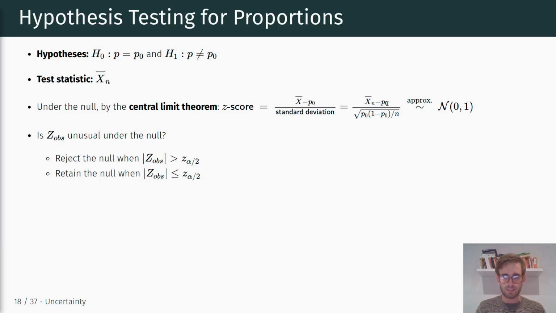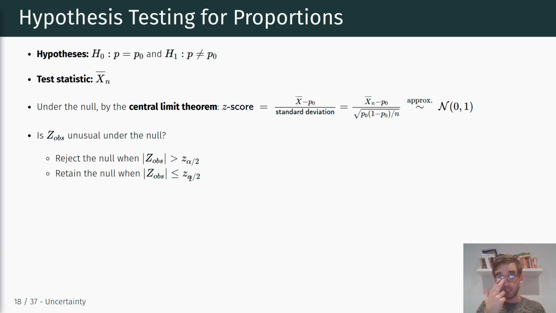So, similar to our previous discussions, the question is whether the z-score that we observe for our specific sample is unusual under the null, under the assumption that the null hypothesis is true and that the true population proportion is equal to p0. Right? And as we said before, we reject the null if the absolute value of our z-score is larger than our critical value, and we retain the null, we fail to reject the null, if the absolute value of the z-score is smaller or equal to our critical value.